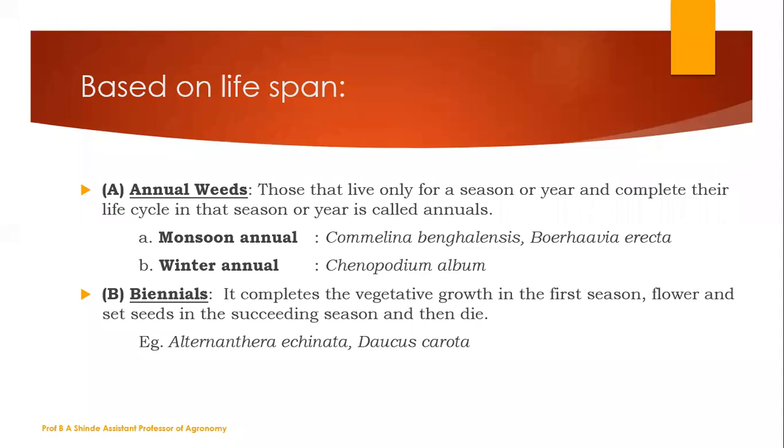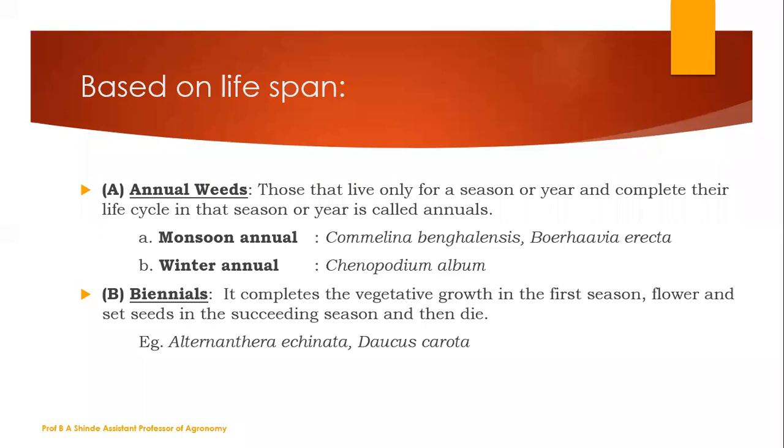Okay, the annual weeds live for about one year or a season. That is, they complete their life cycle within a season or within a year, and are called annual weeds. They are again divided into the monsoon annuals, that is, the rainy seasonal weeds, and the winter annuals, that is, the winter seasonal weeds.